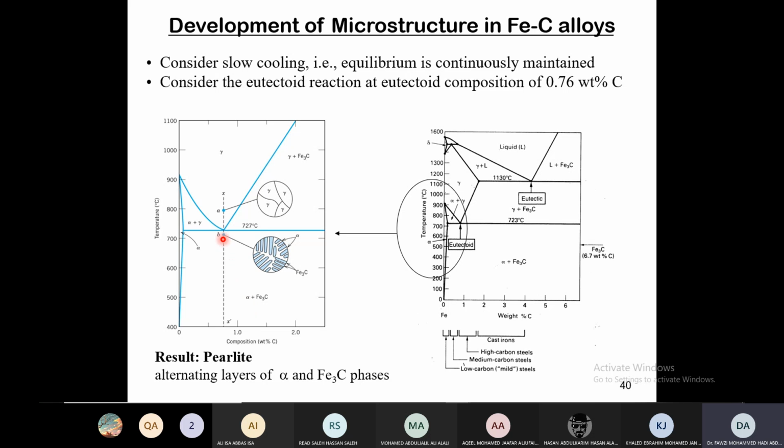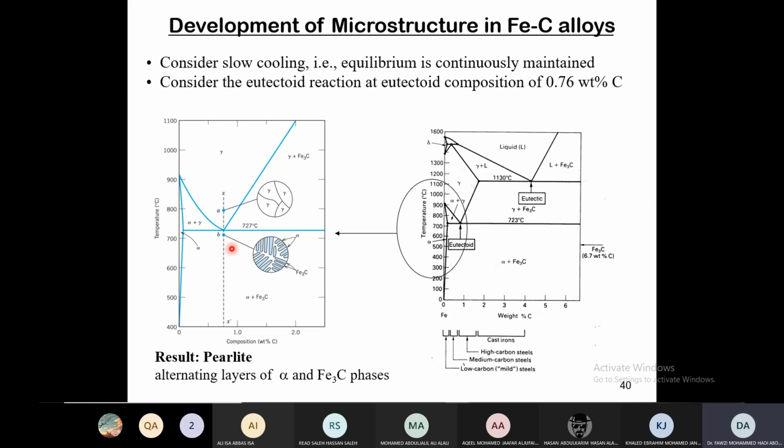If you draw a tie line there, you hit the alpha line, that's the alpha zone, and the tie line also hits the line at the back here, which is 6.7% by weight carbon. So the composition of the alpha is 0.022, and the composition of the cementite at the back will be 6.7, which are drastically different compositions.